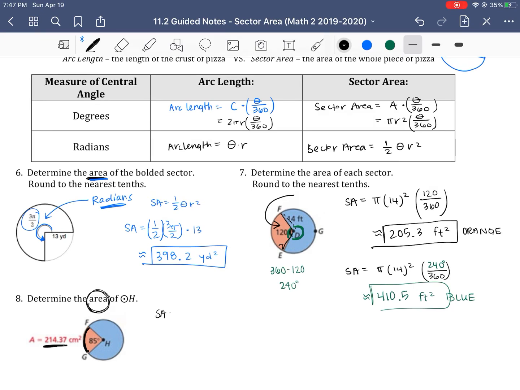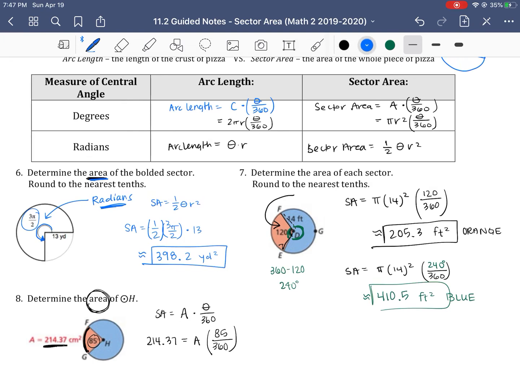And we're going to say, well, sector area is equal to the area of the circle times theta over 360. That's our formula. So they gave us this sector area of 214.37, and that's equal to the area, which we don't know, and we're going to find. And then we have 85 as our angle there on the inside over 360.